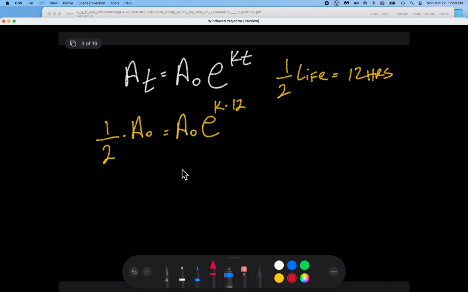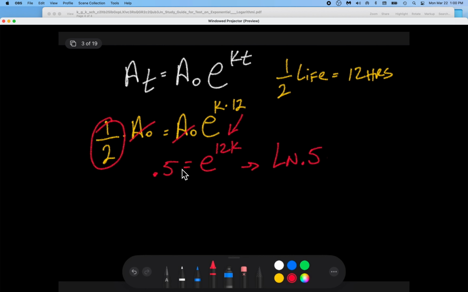Why has it become so easy? Because these a sub 0's beautifully cancel out, and we change this 1/2 into something that's calculator friendly, which is 0.5. And we have e to the 12k. I like to reverse that. It's just easier for me. We're going to take the natural log of both sides. And we choose natural log because e is involved.